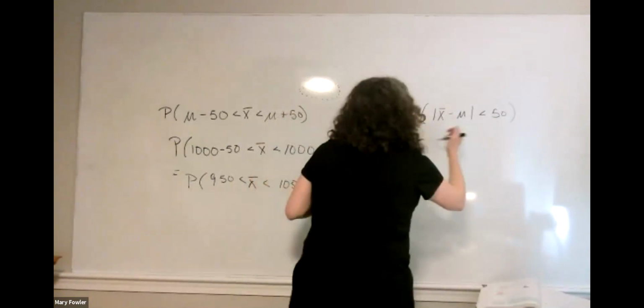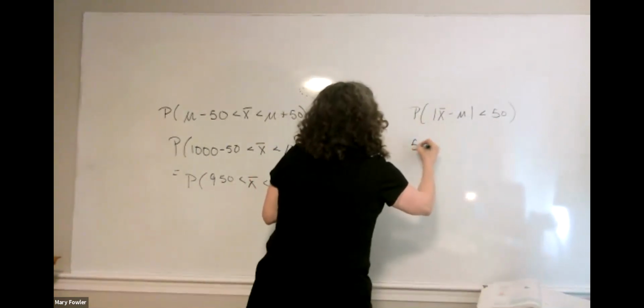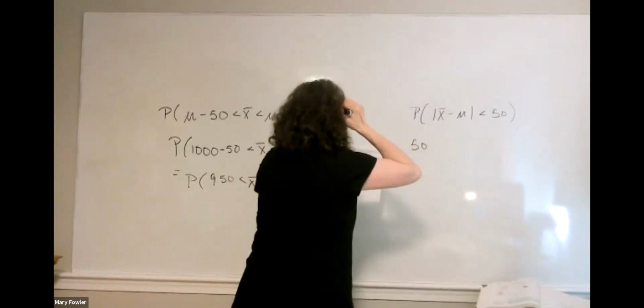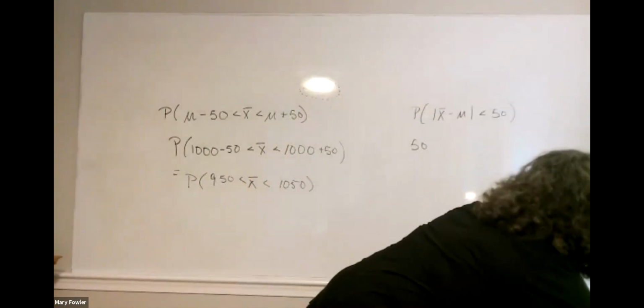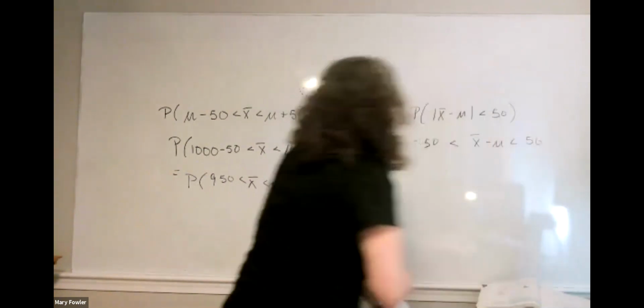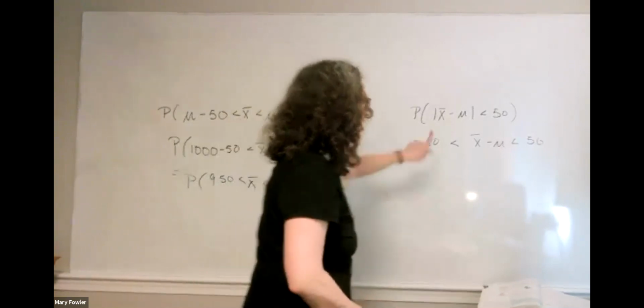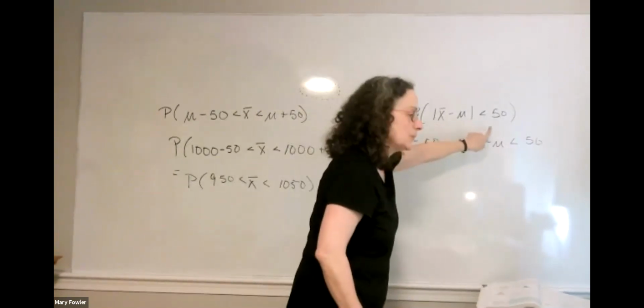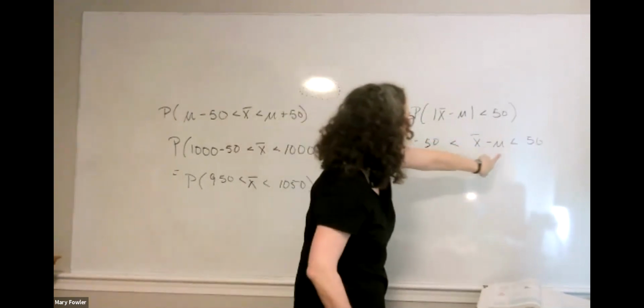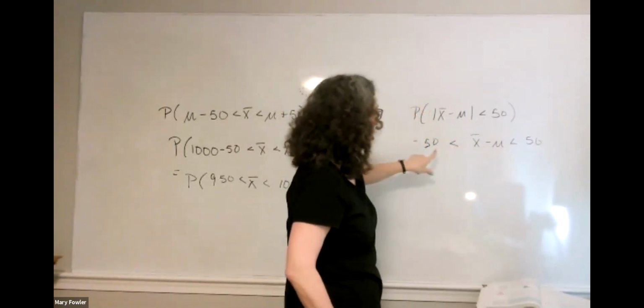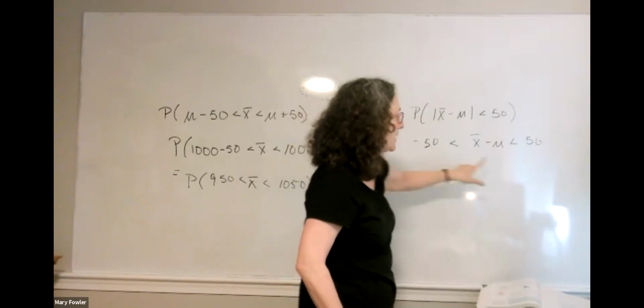I'm just going to write this over here. The absolute value of x minus mu is less than 50 means that x minus mu is between minus 50 and plus 50.